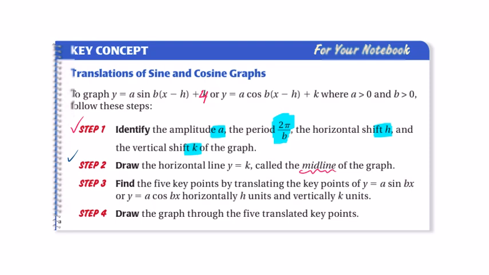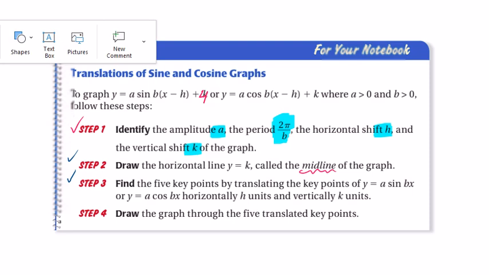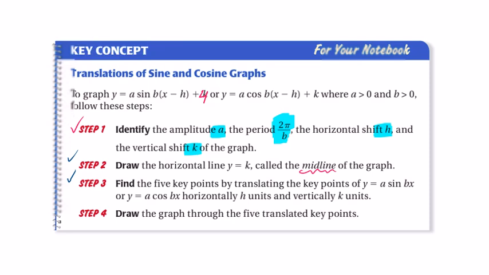So we have taken our graph and we have shifted it, and then we draw the graph through those 5 translated points. Alright, so just like with a quadratic function or any of the other nonlinear functions that we graphed, we want 5 points. Those 5 points are going to give us a good curve to draw through.